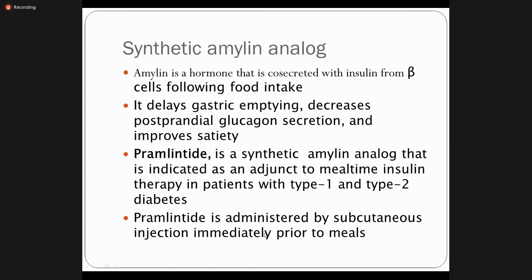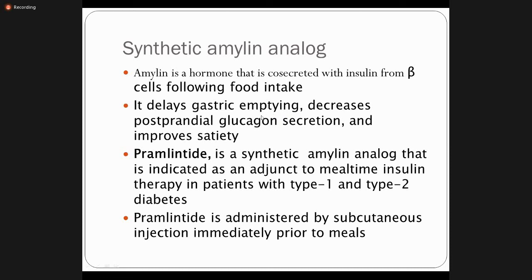So one example is synthetic amylin analog. Amylin is a hormone that is co-secreted with insulin from beta cells following food intake, and it delays gastric emptying. What is the importance of this delayed gastric emptying?